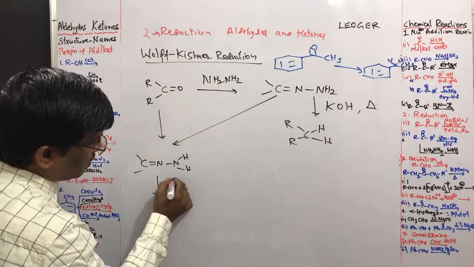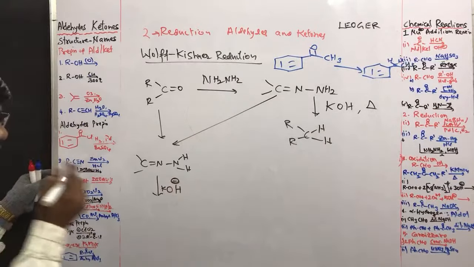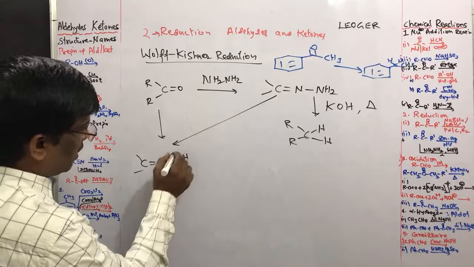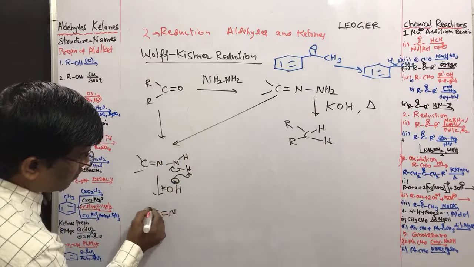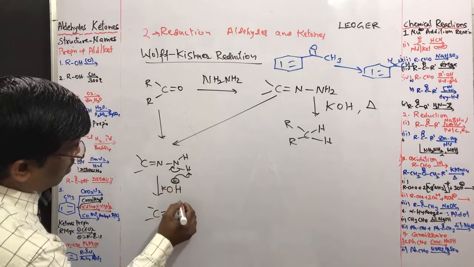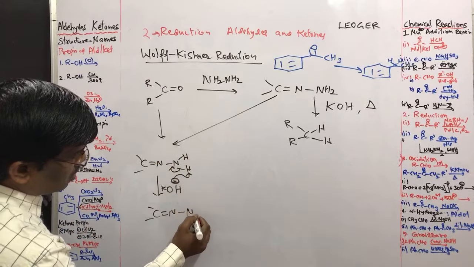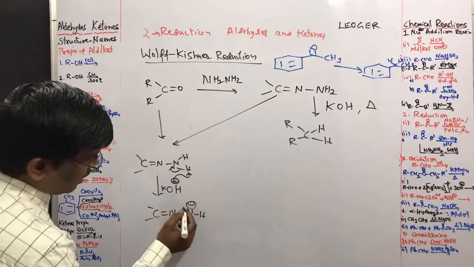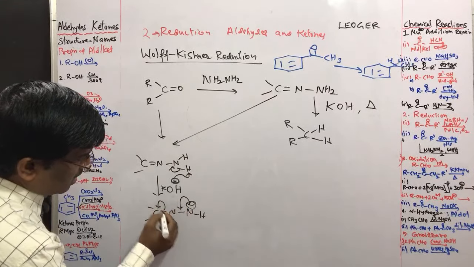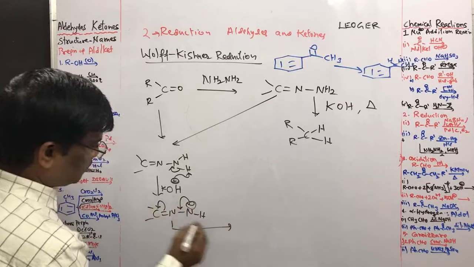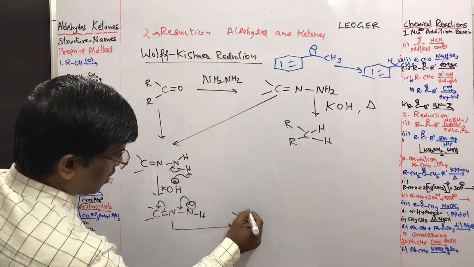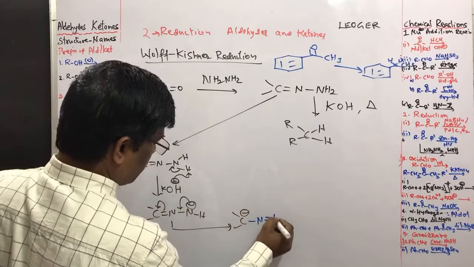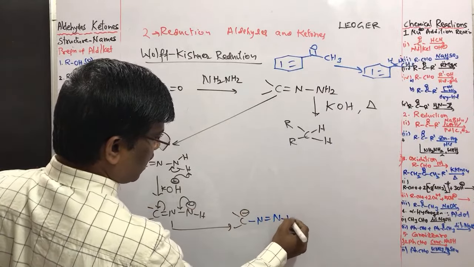So OH minus takes a proton from this nitrogen to form nitrogen minus, which pushes electrons to give carbon minus, with N double bond N and hydrogen.